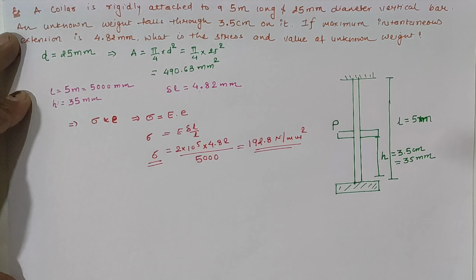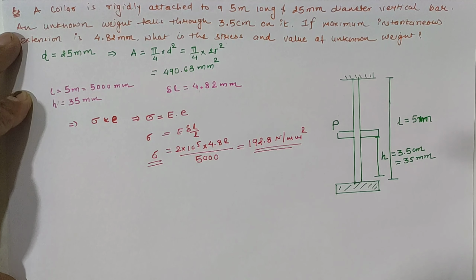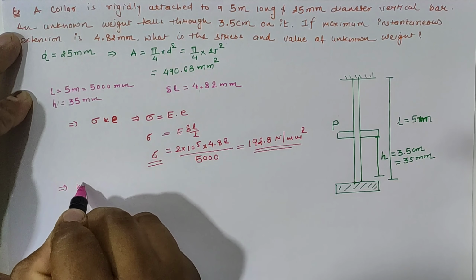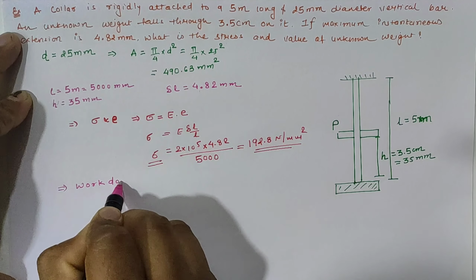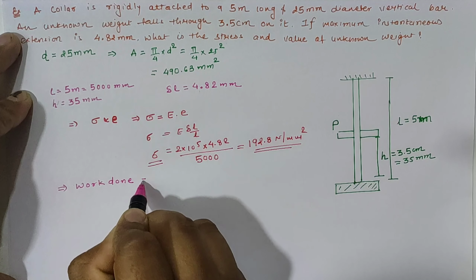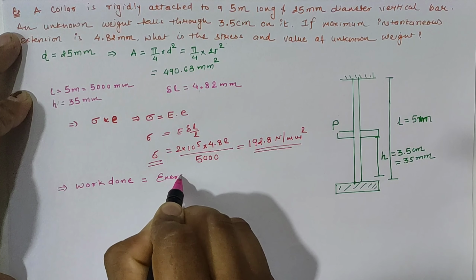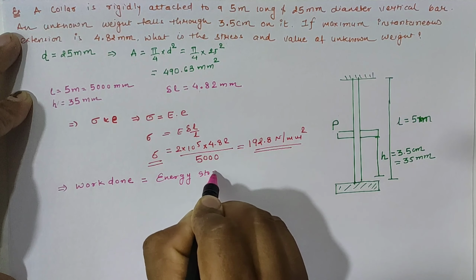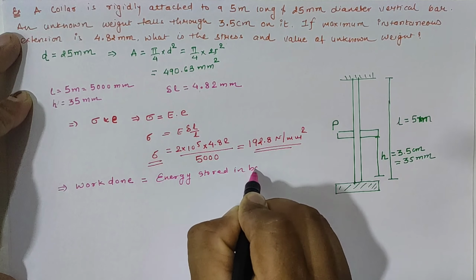Now going ahead to the calculation of the falling weight. For the given condition, we know that the work done by the collar must be equal to the energy stored in the bar.